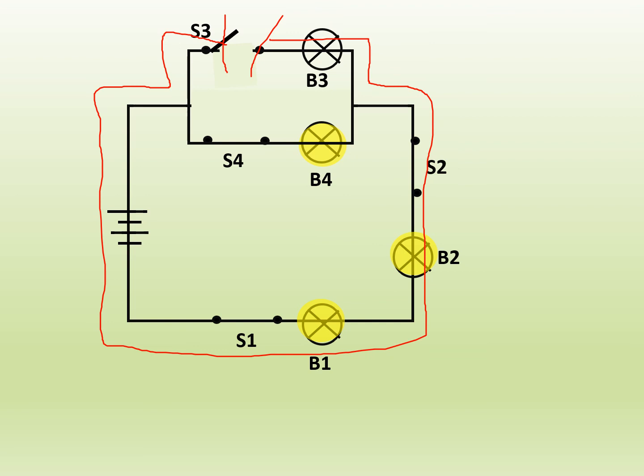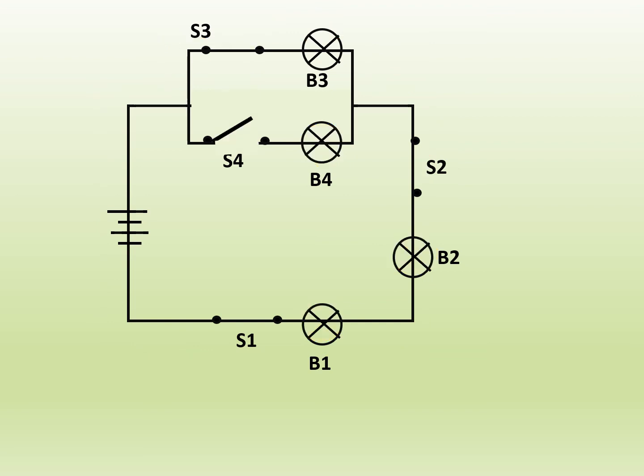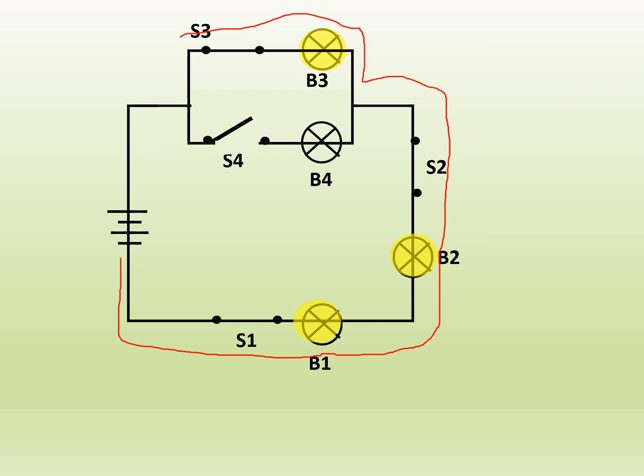Now let's look at what will happen if we off or open switch number 4 here? The answer is bulb 1, bulb 2, and bulb 3 will light up, but bulb 4 will not light up. This is because the electrical pathway for bulb 1, bulb 2, and bulb 3 is complete.